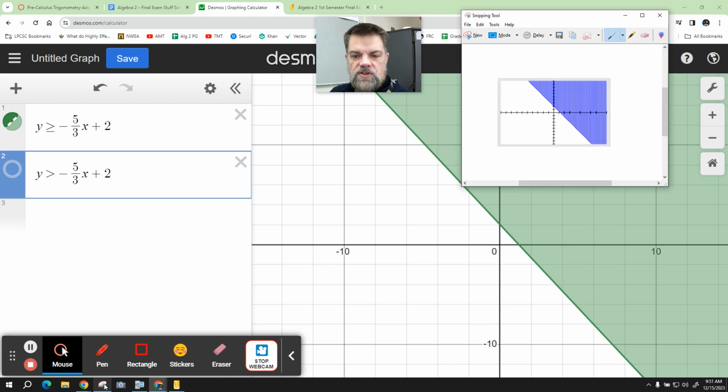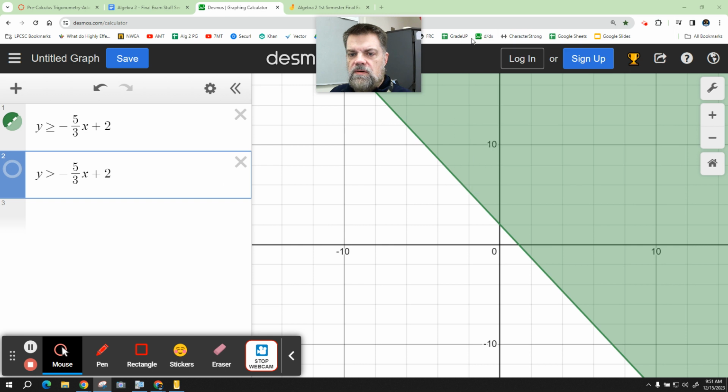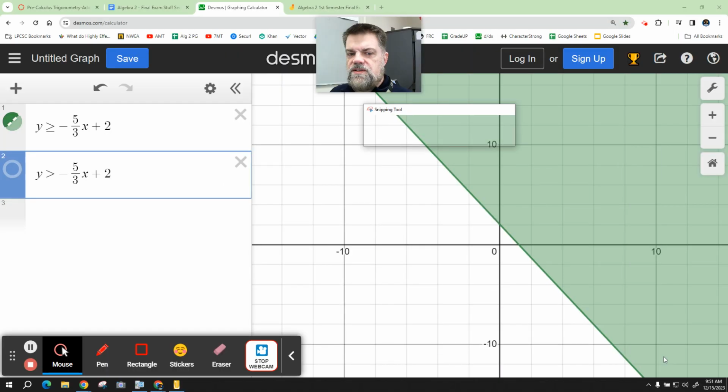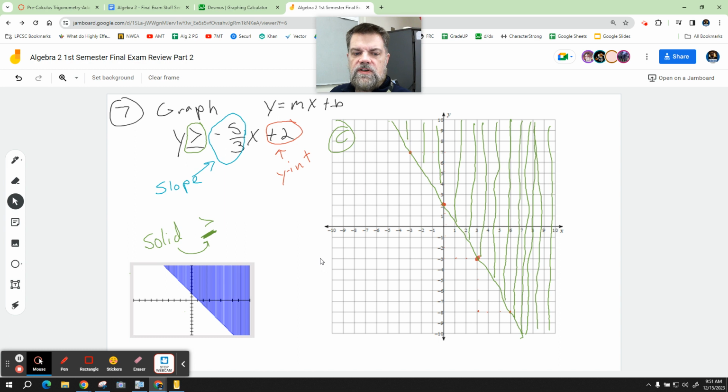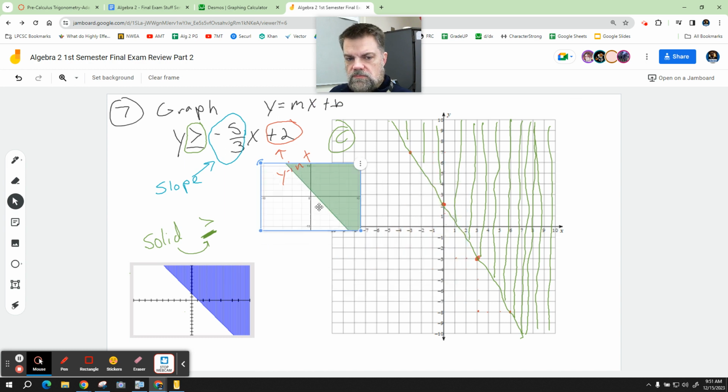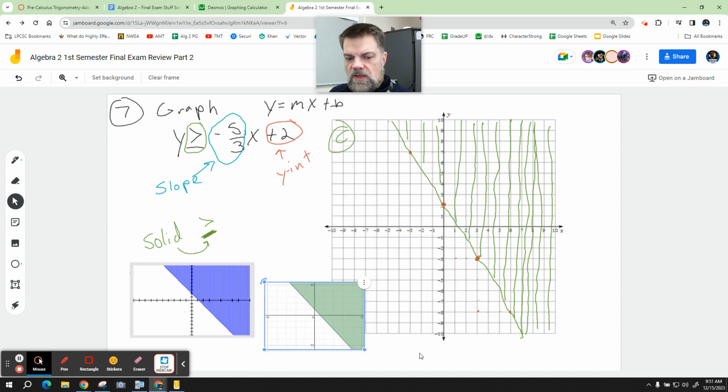Let me take a screenshot of that though. It's weird how that worked out. It's the exact same color that I think I used over here, yeah. So they all look the same. Any questions on that one?